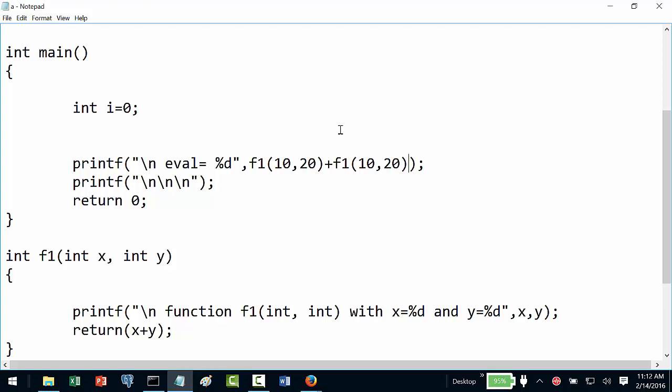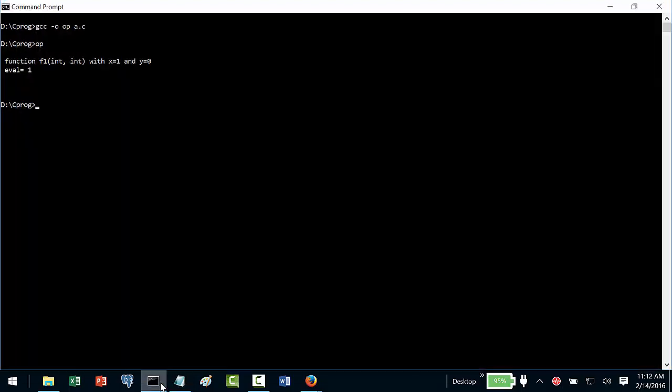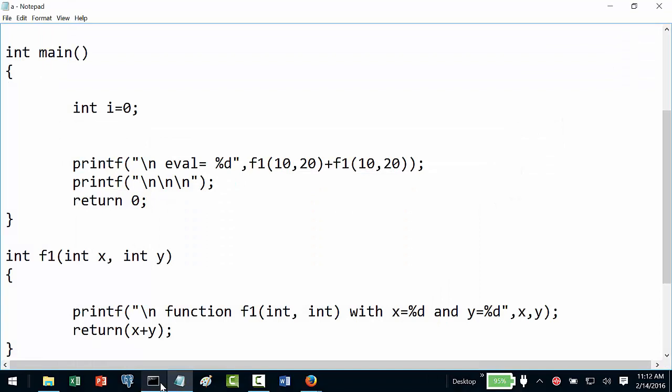Which one is called first? Whether this f1 is called first or this f1 is called first, we don't know. But f1 will be called, that is guaranteed. The final answer is 60, but which f1 is actually called? We have a problem. We need to really investigate.